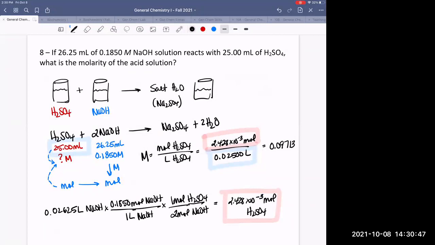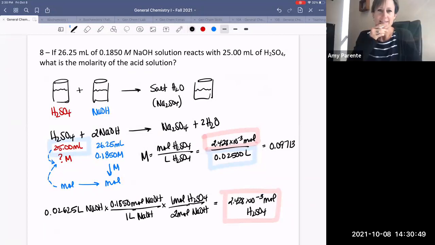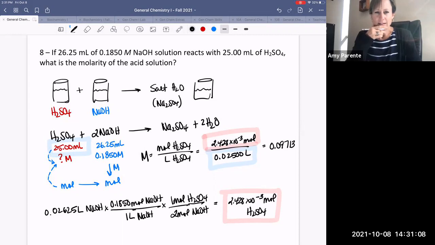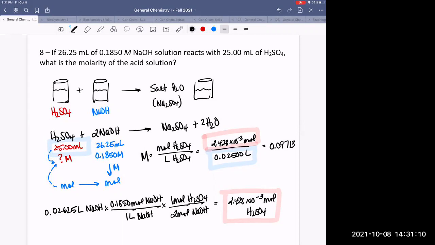My molar ratio was wrong because, like I said, I forgot the subscript. Had my moles been correct, I could have figured out my molarity by doing the equation of molarity equals moles over the amount that I have, which would be 0.025 liters. So I would have gotten it right if I had balanced it correctly.